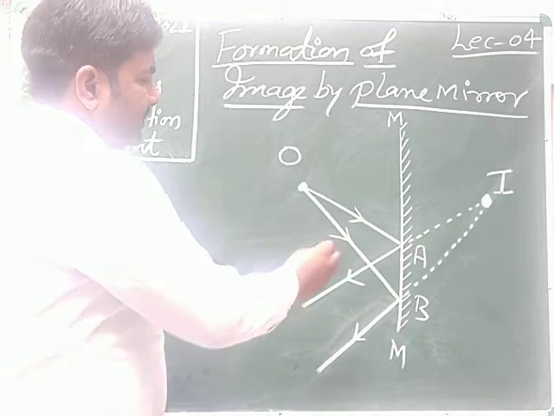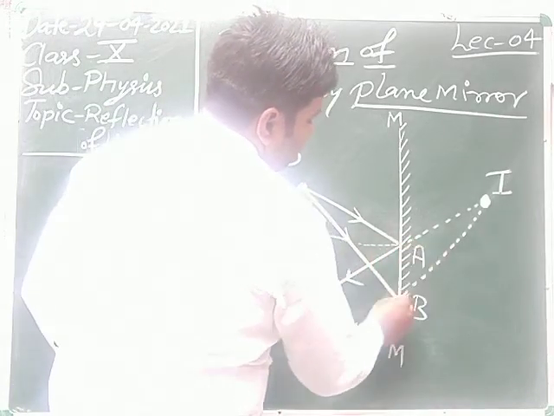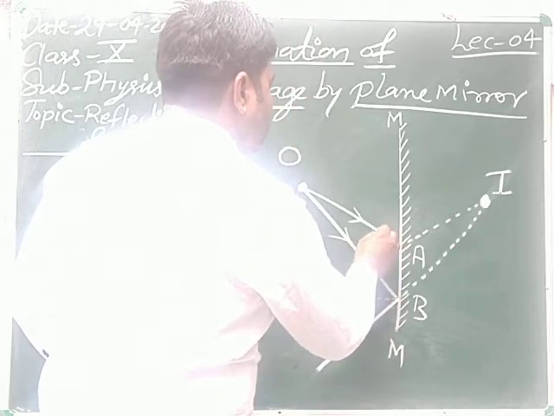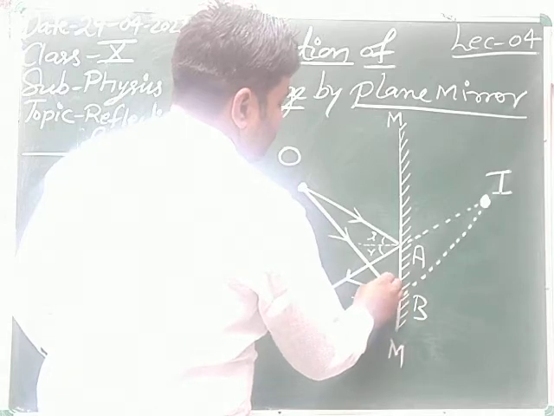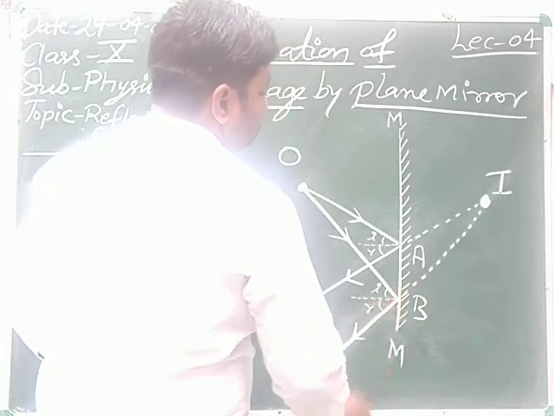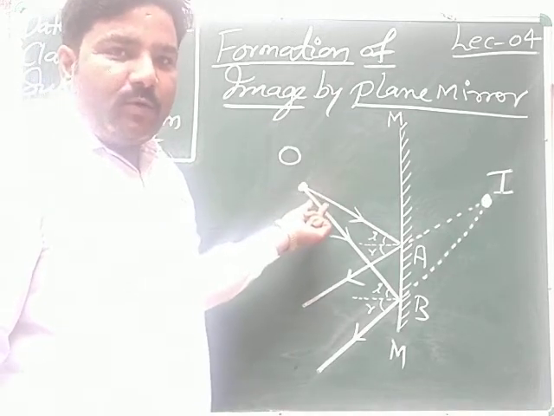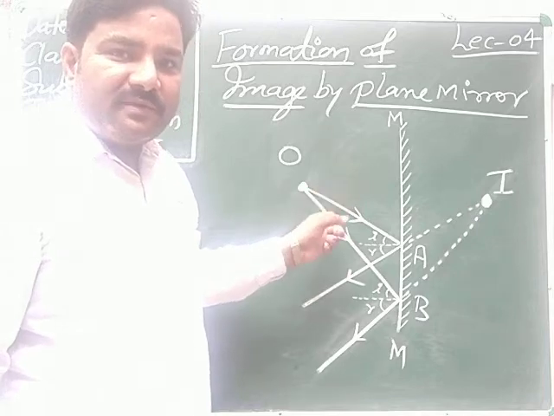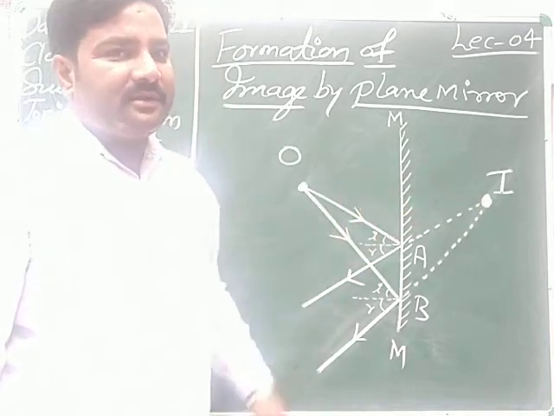Clear? So here when we draw the perpendicular, then the angle of incidence must be equal to the angle of reflection. I is equal to R. At this place also I is equal to R. So the distance of this object O from the plane mirror must be equal to the distance of this image from the plane mirror.